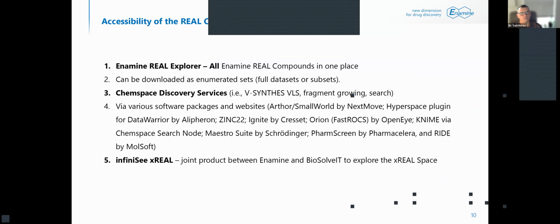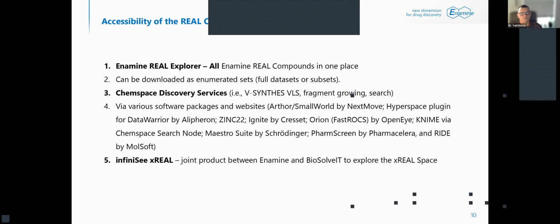These are a few ways to access our REAL compounds. We have the Enamine REAL Explorer tool, developed by Enamine, that allows you to search for all the compounds in one place. The compounds can be downloaded as enumerated sets, or they can be accessed through synthons and the rules to combine them.